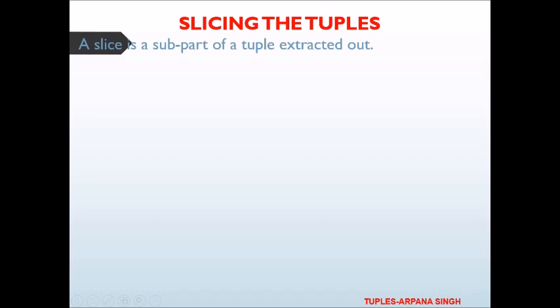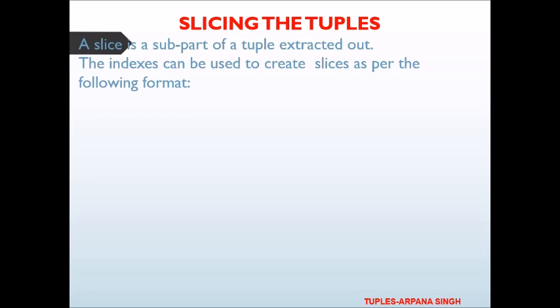So a slice is a part of the tuple which is extracted with the help of writing the beginning and last index within square brackets. So slices have the following format: the tuple name, starting index and stop index.